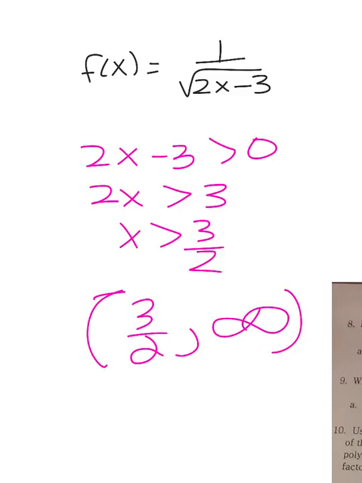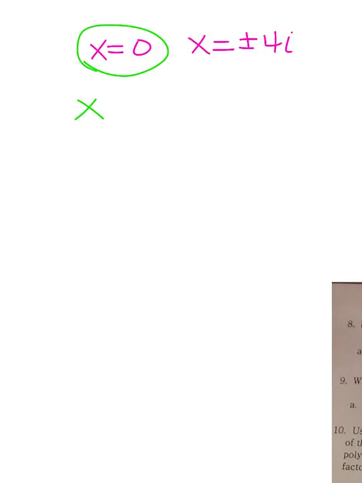Okay, so let's take a look at number 9. Number 9 is to write the polynomial function whose zeros are x is equal to 0 and x is equal to plus or minus 4i. So the x equals 0 here, there's nothing to do because that's my factor. Over here on the right, I have to square both sides.